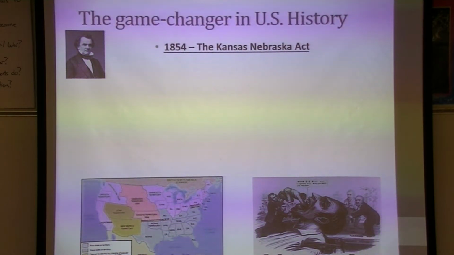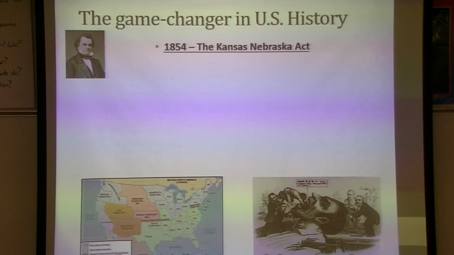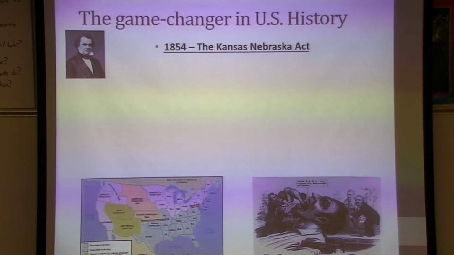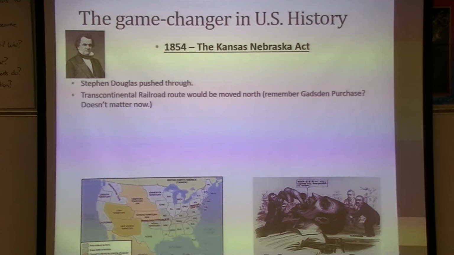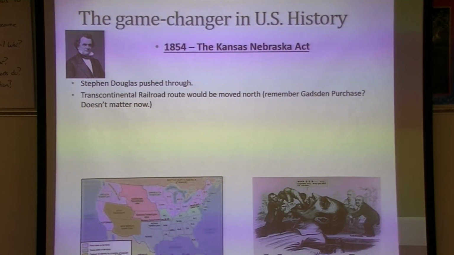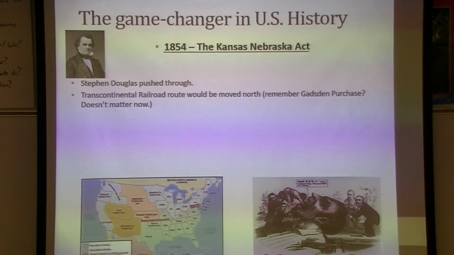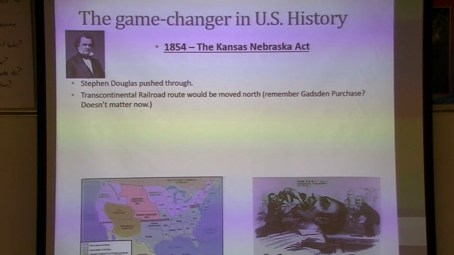All right, 1854. In my AP U.S. History classes, we go majorly in depth into the Kansas-Nebraska Act. But this will be one of the major years and changing time periods for the United States. In 1854, Stephen Douglas, a senator from Illinois, will push this through. Now, what will happen is he will do something that is good for his state.